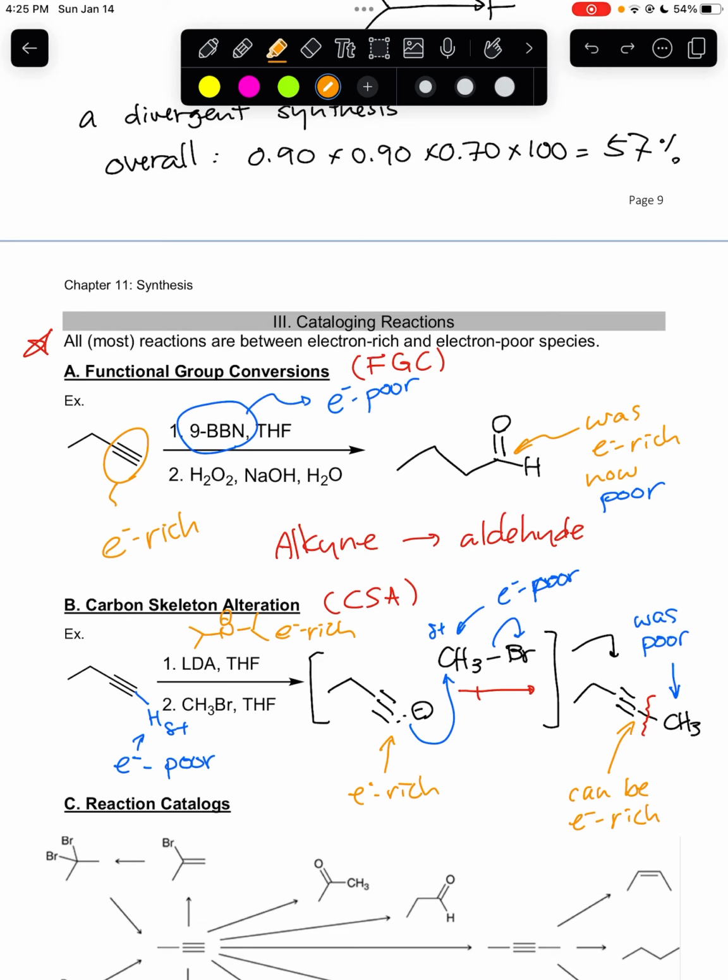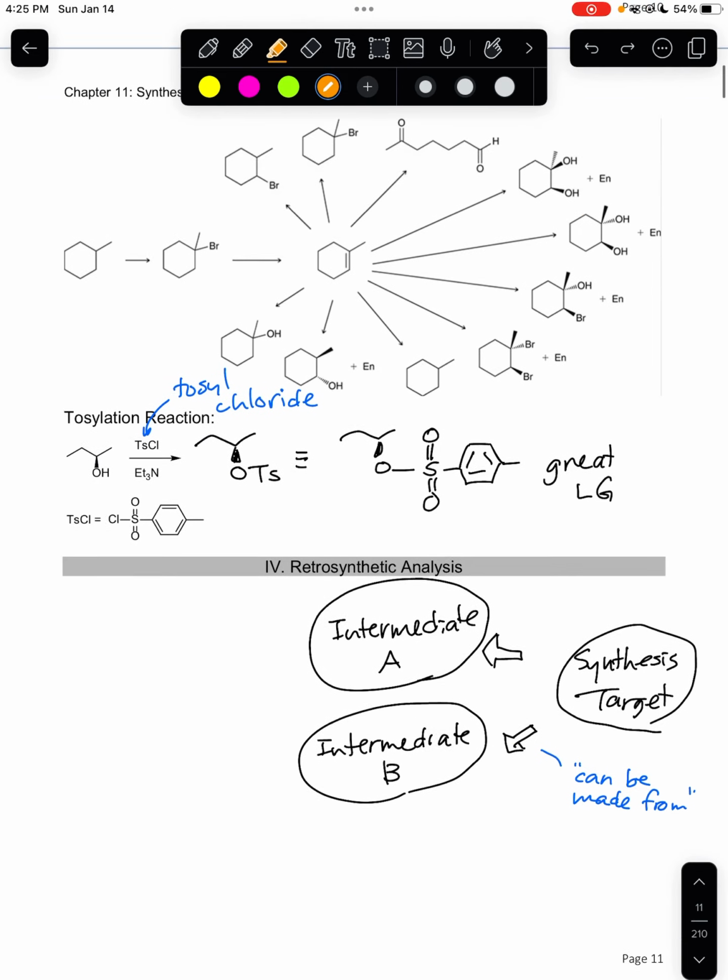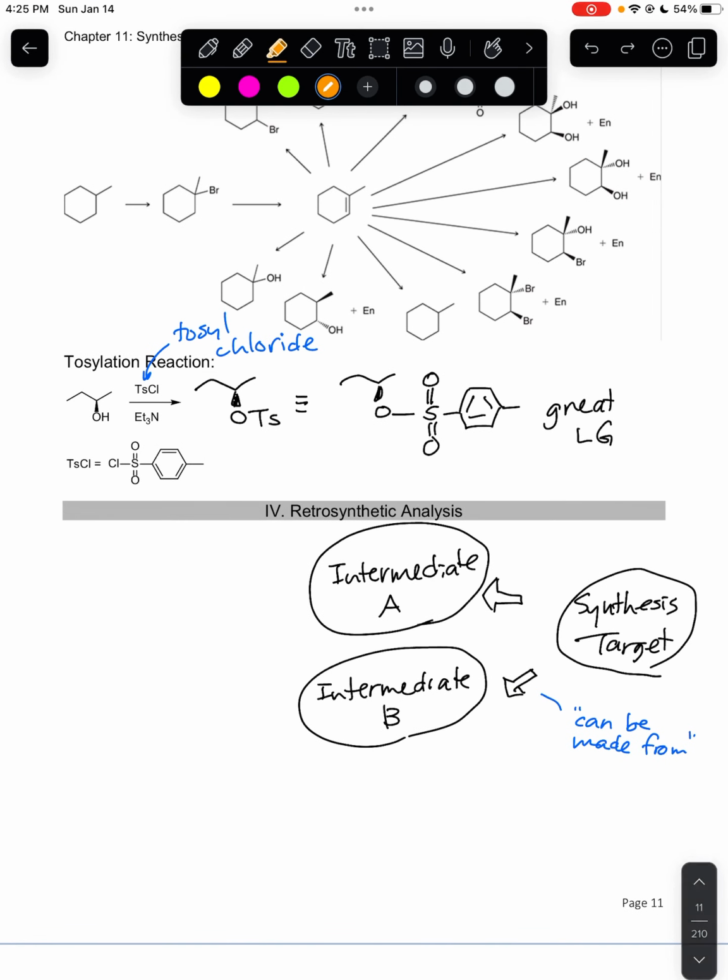If we dissect that molecule, you might realize you could make it from this terminal alkyne and a methyl bromide, right? Same thing: you undo the target, make it a little bit simpler, undo some bonds, and hopefully you can come up with a starting material that you could make this target from.